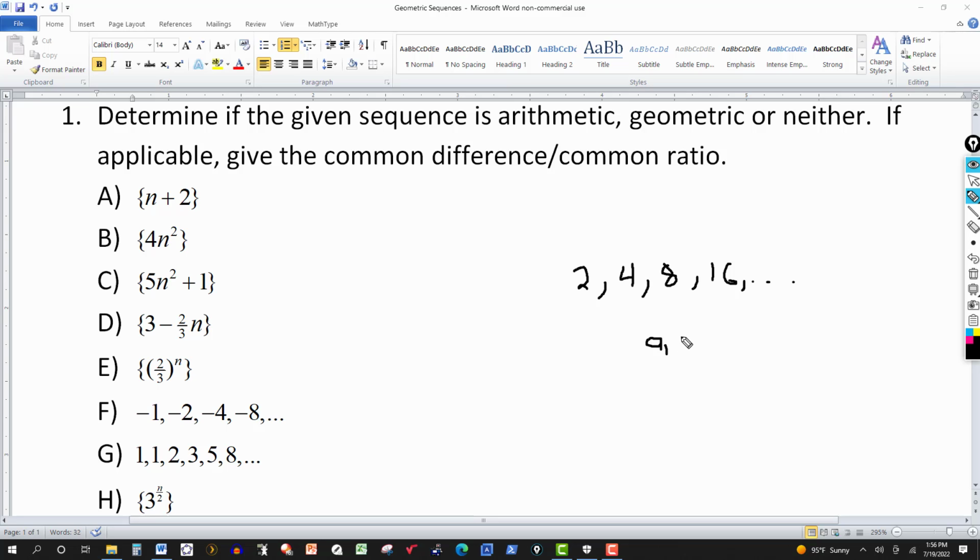The first term is 2, and the common ratio, denoted by R, is equal to 2. If you take the quotient of any two consecutive terms, 4 over 2, 8 over 4, 16 over 8, it's always going to be the common ratio. So if that's the case, it's geometric.